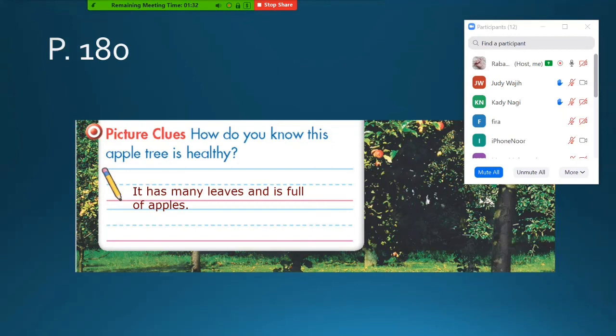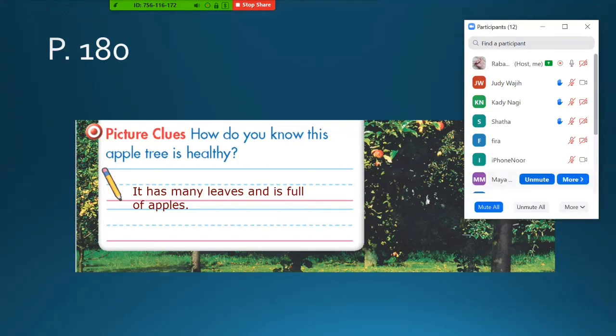On the other hand, what might you observe if the apple tree were not healthy? How do you know that the apple tree is not healthy? Who can tell me? Maya? Yes. How do you know the apple tree is not healthy?